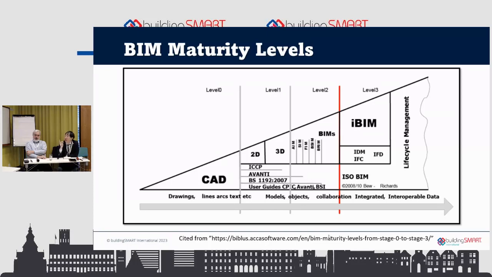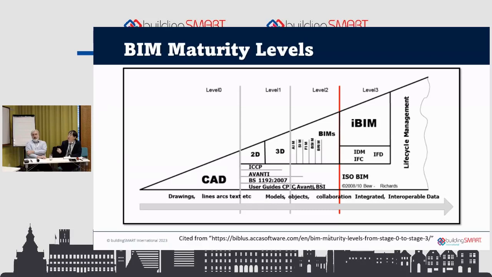Finally, level 3 is named iBIM. Many of you, I guess, graduated level 1 already, and level 2, and some advanced companies try to go into level 3. That is the situation, I understand.